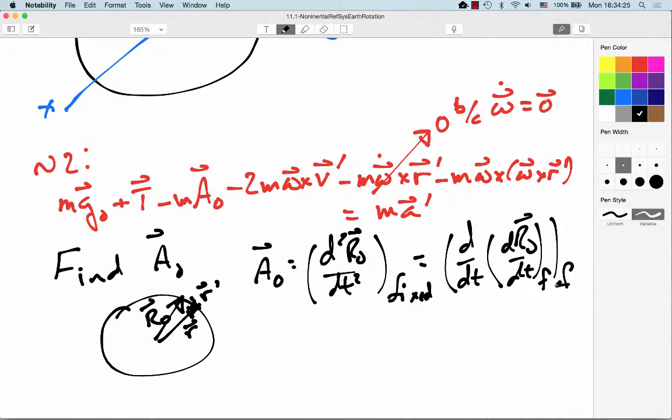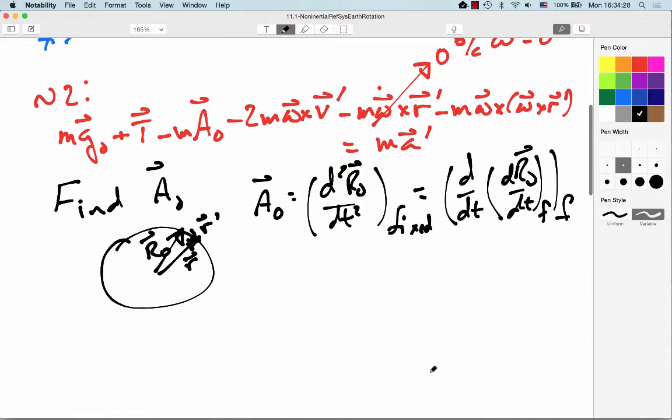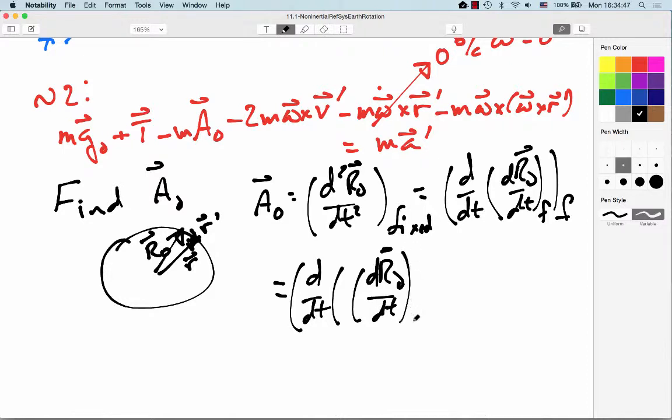All right, and so remember what the prescription is for each of those. So we'll do the inner one first, so d dt of r naught. To take the time derivative of this, we can take the time derivative of it in the rotating frame, dr naught dt in the rotating frame. Thankfully, that's 0.